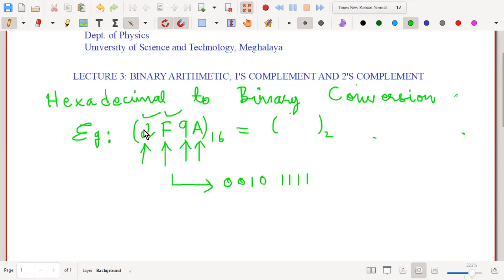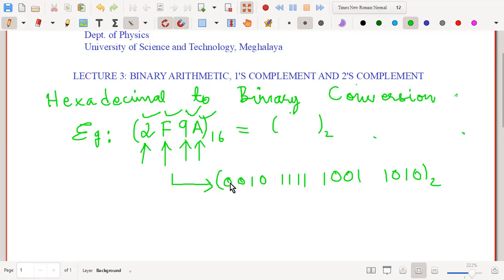Then 9 in binary is 1001, and then A in binary is 1010. So your binary number is 0010 1111 1001 1010. This is how you can do the conversion.